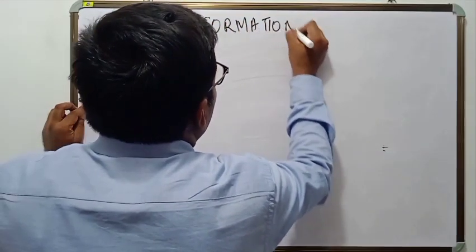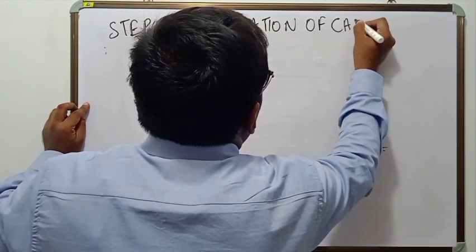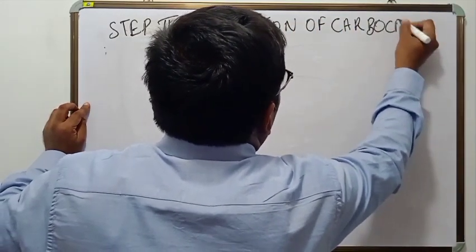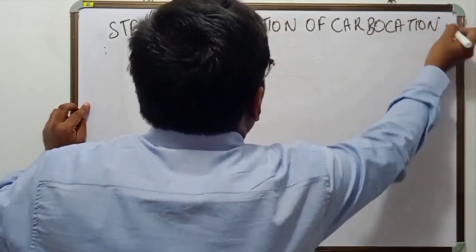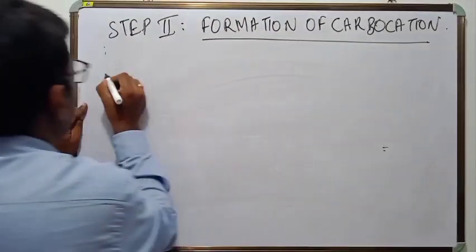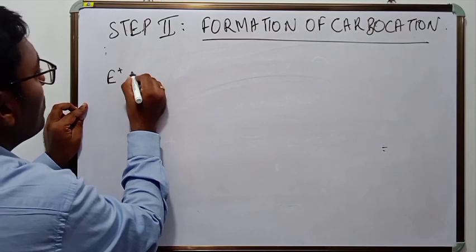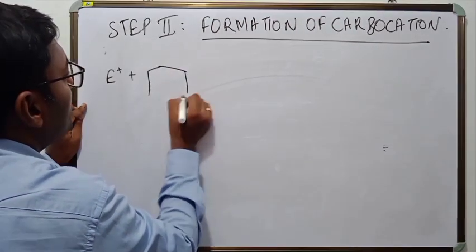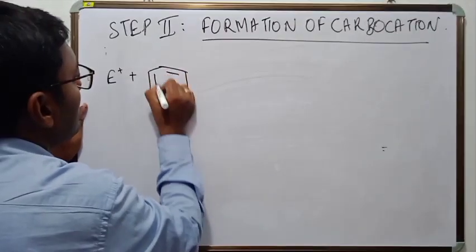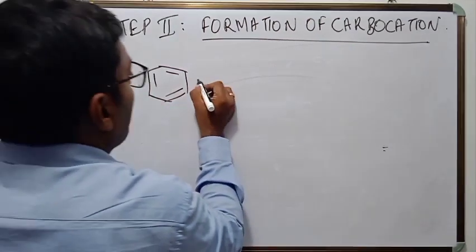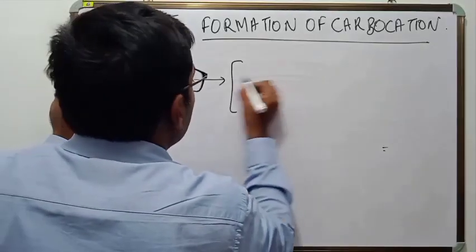Okay, so what happens in this step? The E plus now tries to attack the benzene ring.